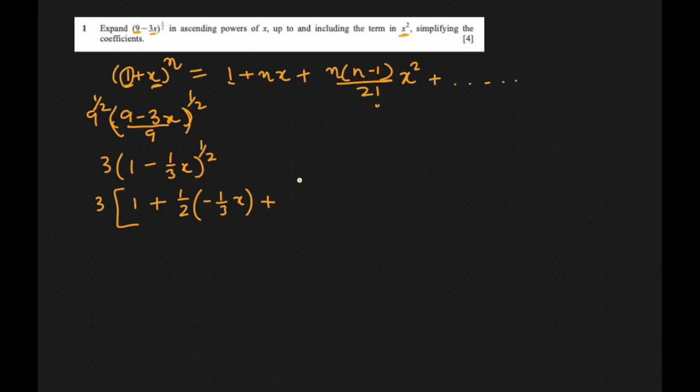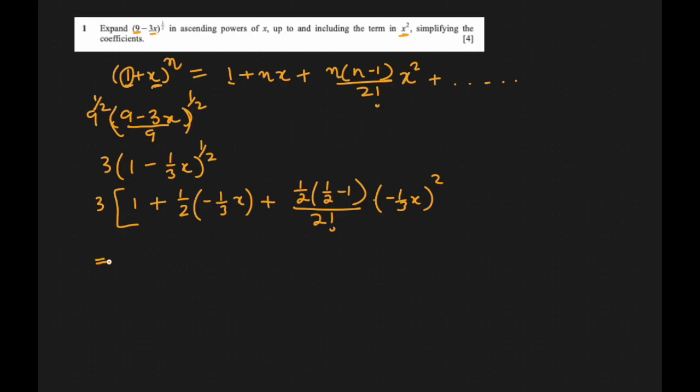Then we have n, which is again the power, half, times half minus 1, divided by 2 factorial, and then we have x square in this formula, but we will write (minus 1 over 3 x) squared.